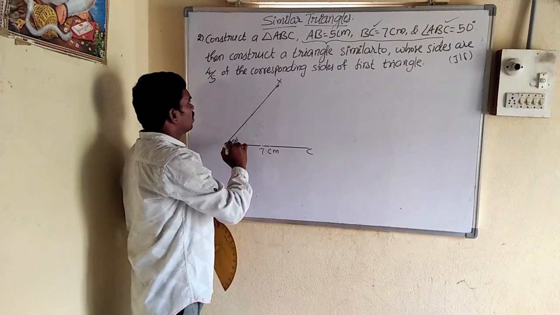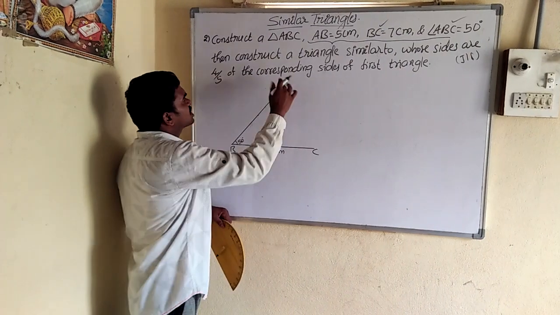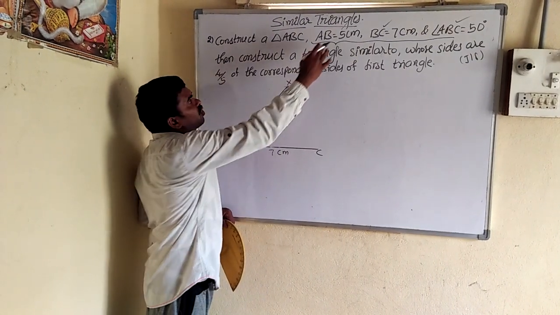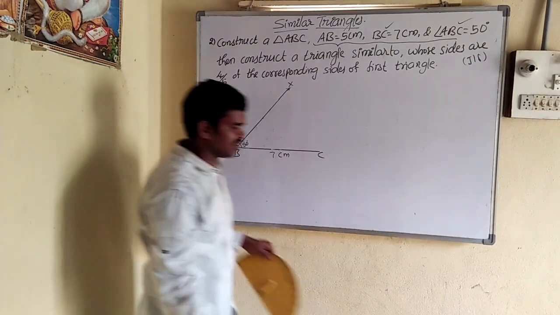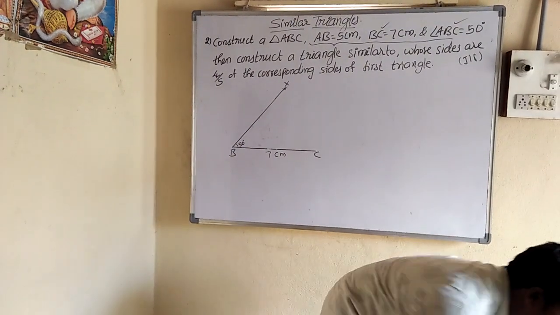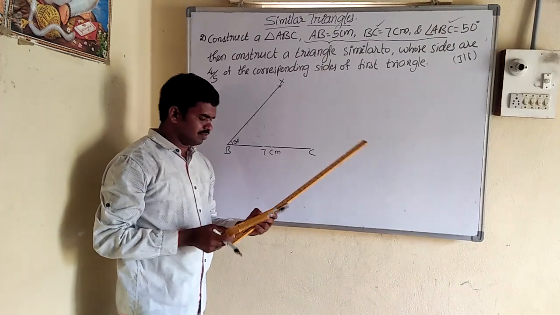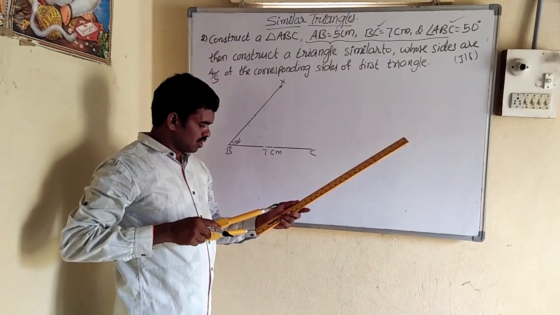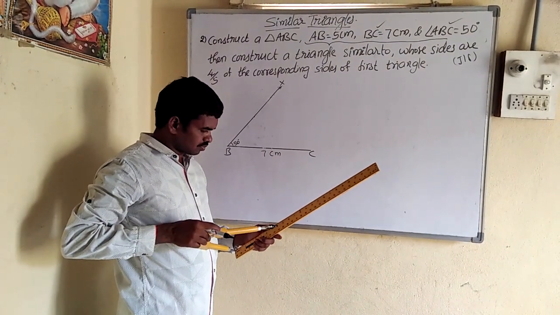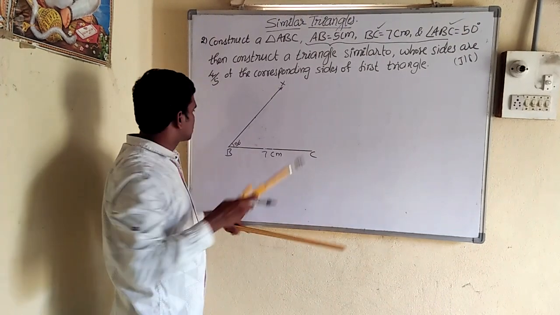Next, on BX, A may be on the upside. So AB equal to 5 centimeters we have to take. With the compass, taking 5 centimeters on the scale, from 0 to 5 centimeters.